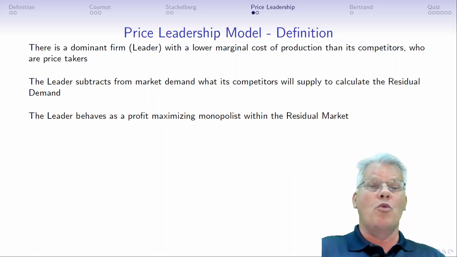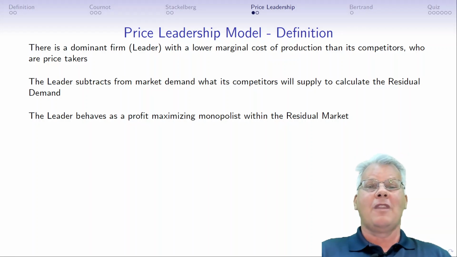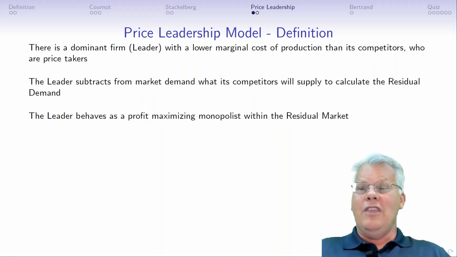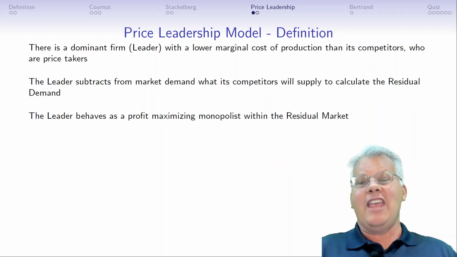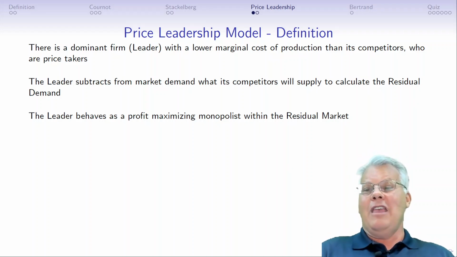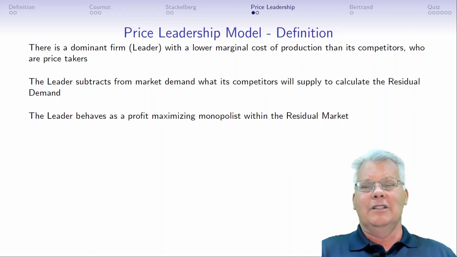They're larger, they're more efficient. That gives them the privilege of setting the price first. And the competitors, the follower firms, basically are price takers, right? They more or less have to live with the price that the leader firm establishes.